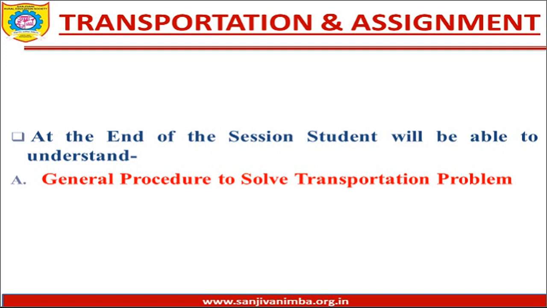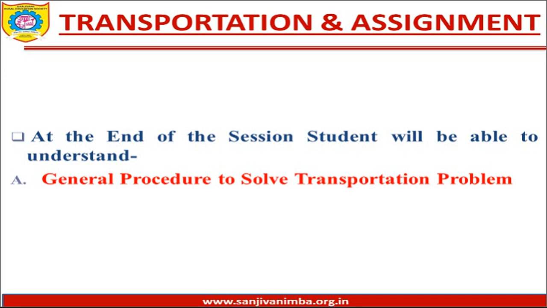Second one was least cost method, and last one was the VAM method, that is Vogel's approximation method. Similarly you also have the possibility of identifying the optimal solution with the help of two methods. One is stepping stone method, another one is the MODI method.